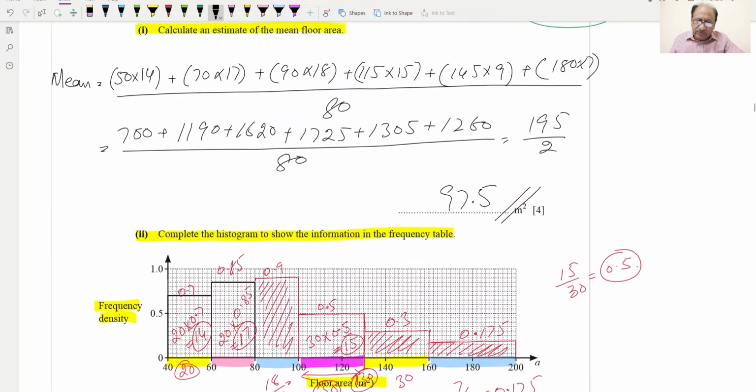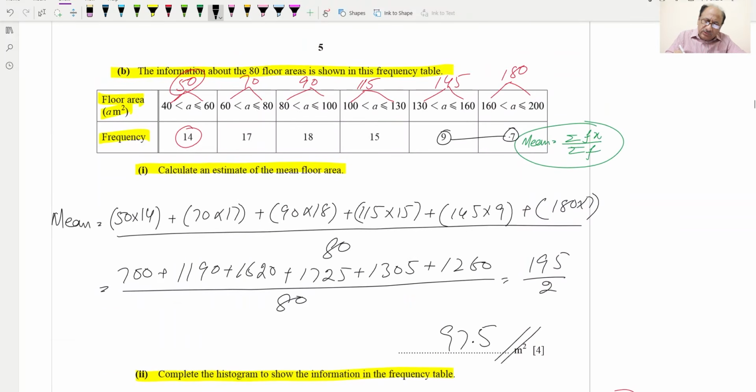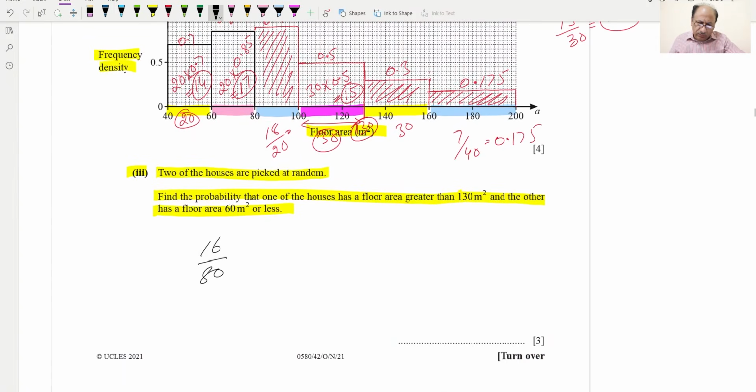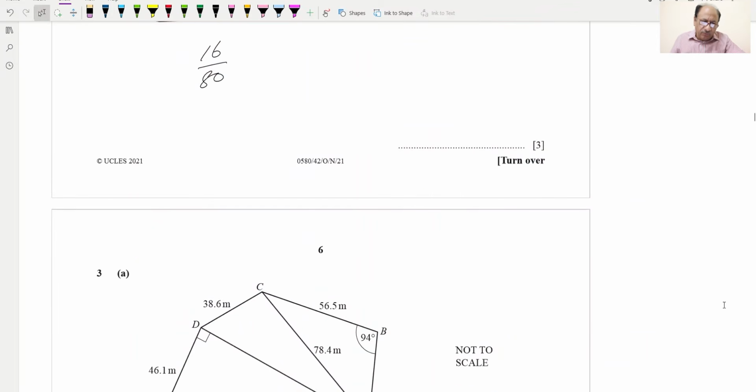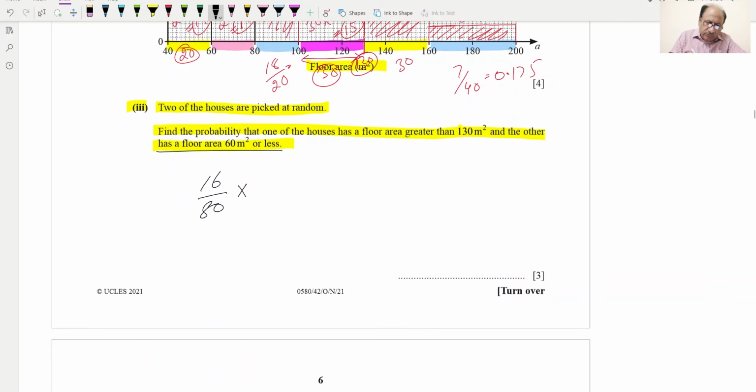And the second is less than that. They are saying the other has a floor area of 60 meters square or less. So 60 meters square or less is this one, which is 14. So we can take 14 over 80, because this is one less, two houses picked at random. Find the probability that one of the houses has this floor area and the other has this one.